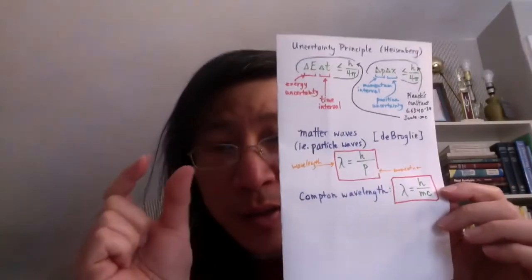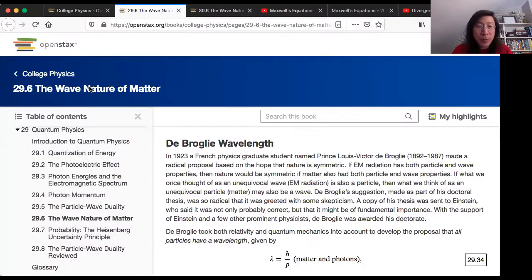This is the minimum length within which there is information outside, and inside you can't really figure out what's going on. You take that quantum mechanical thing, a little bit confusing, yes, but bear with me, because now I'm going to go to the computer and go to the textbook, section 29.6.